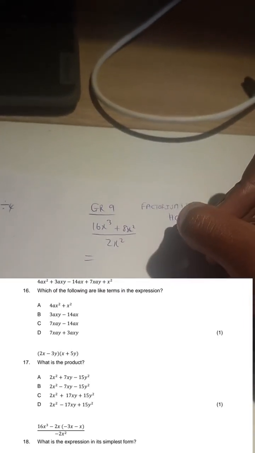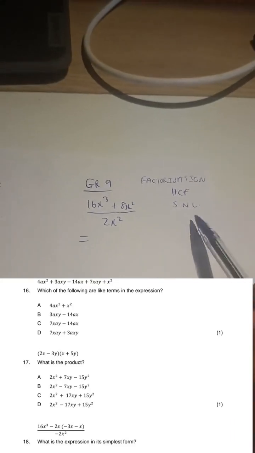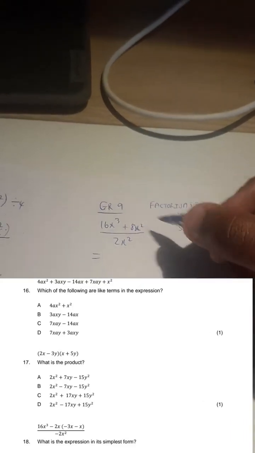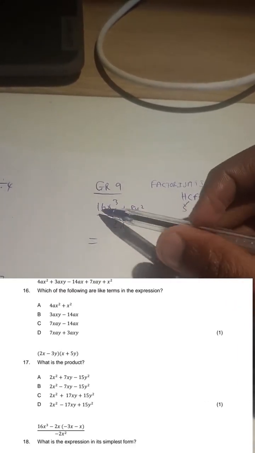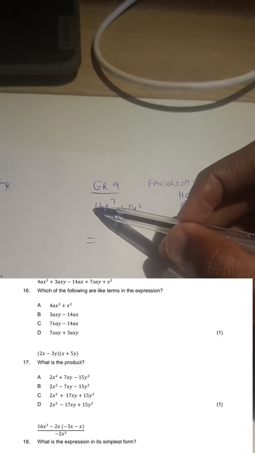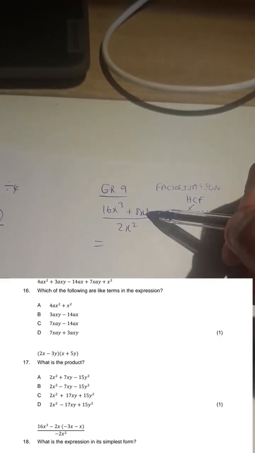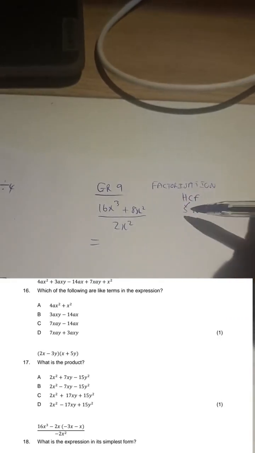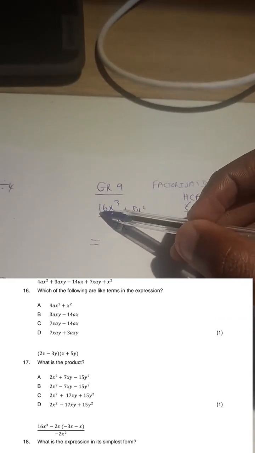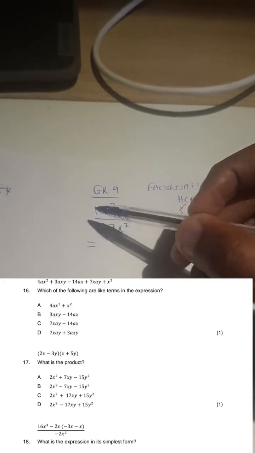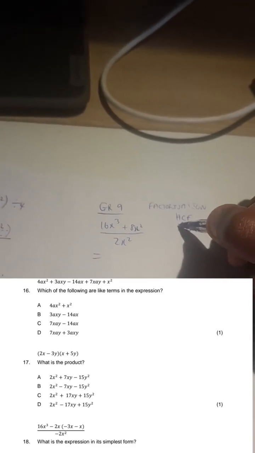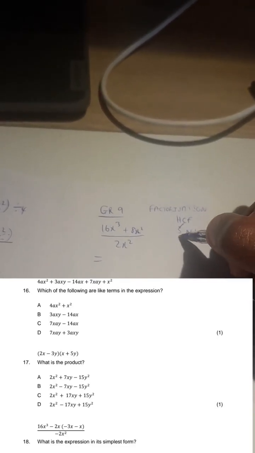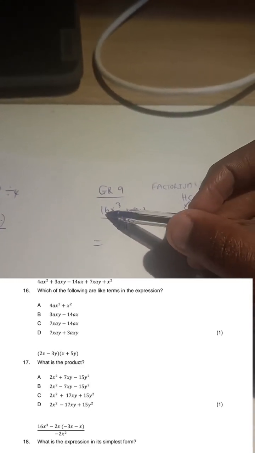So when you take out the highest common factor, you also apply S and L. If you want to take out the highest common factor sign, you check this term. Firstly, how many terms? There are 2 terms. The first term, you take out the sign of the first term, whatever it is. So the sign of the first term is positive, so I'm going to be taking out a highest common factor sign that is positive. Numbers 16 and 8.